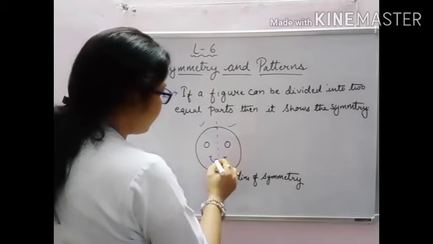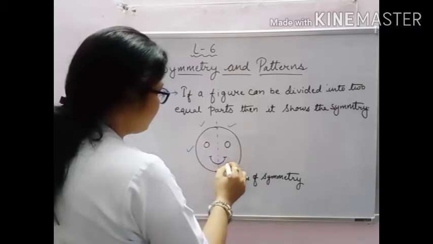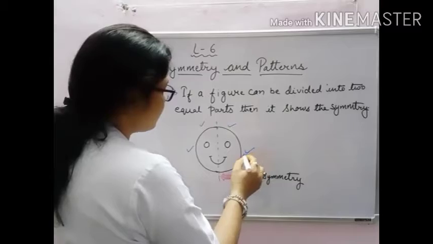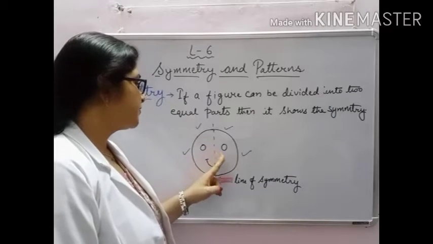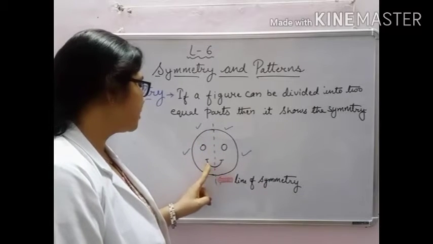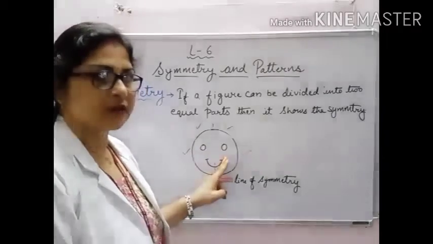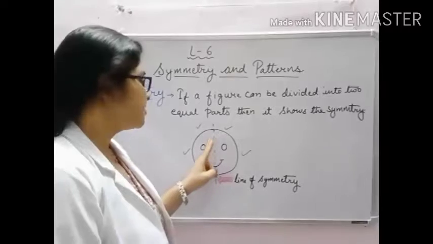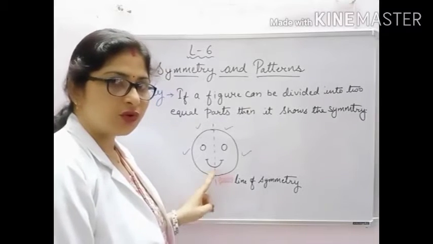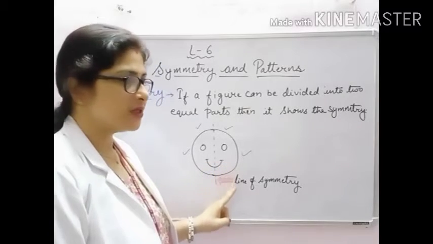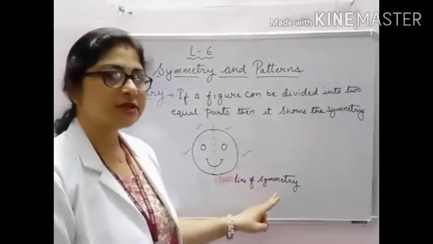Half of the smiley is in this part and half is in this part. If we fold this figure along this line, the two halves exactly match each other. The line which divides this figure into two identical halves is called the line of symmetry.